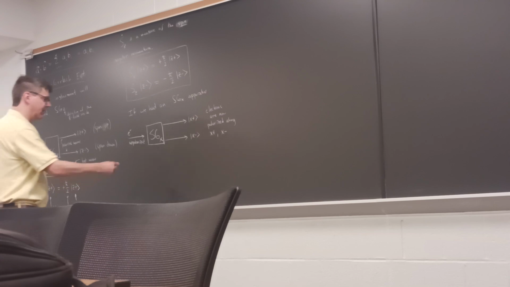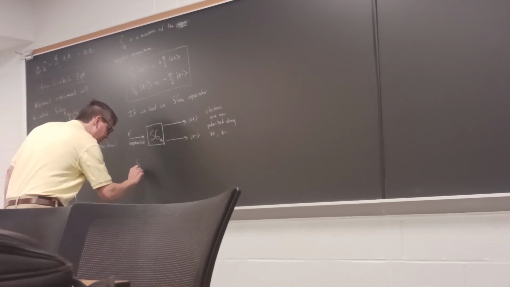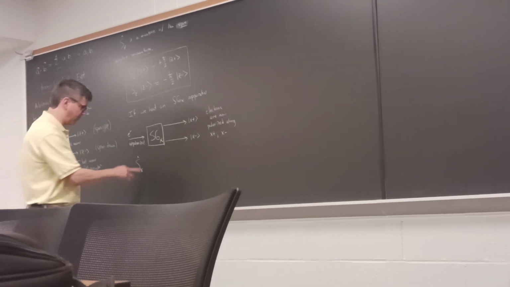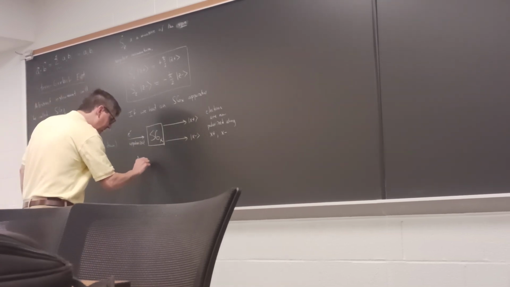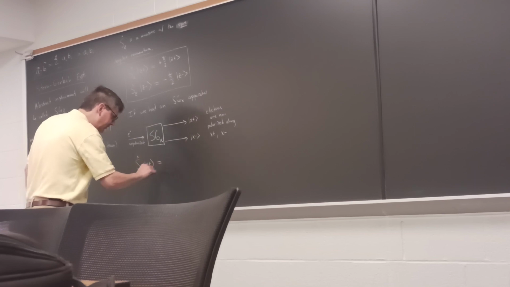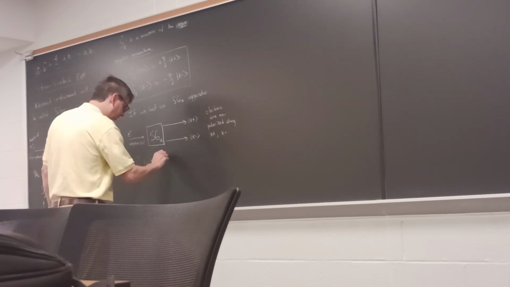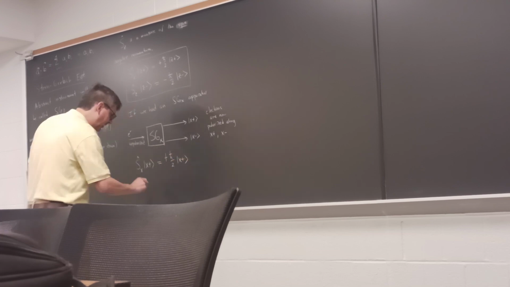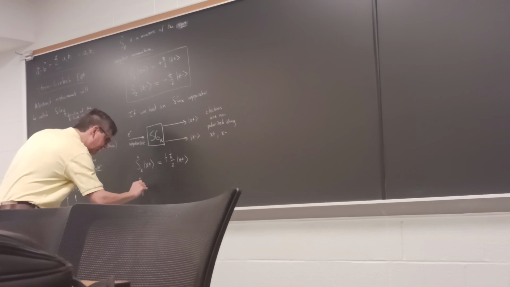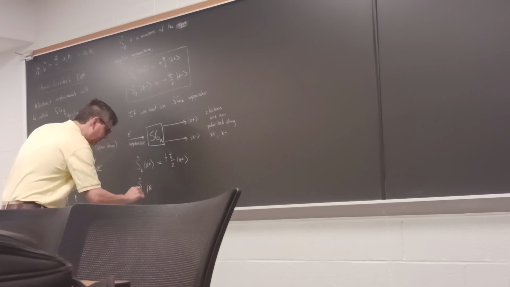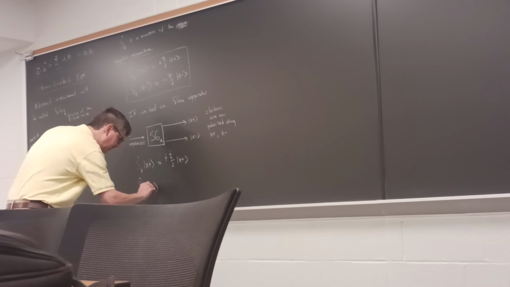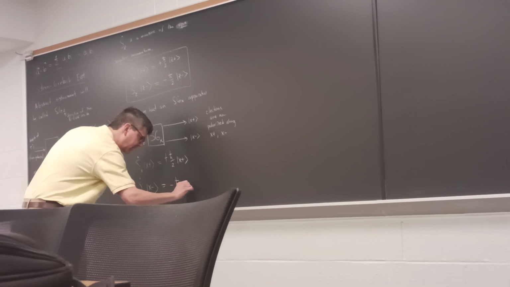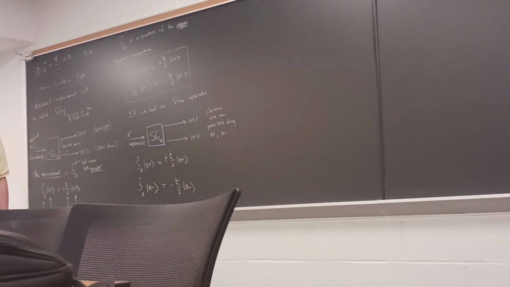Okay, and again, if we measure, we'll have a corresponding measurement for our apparatus here, S of X, and if that operates on an X plus electron, it gives us back plus h bar over 2 X plus, and S of X operating on an X minus polarized electron will give you minus h bar over 2 times X minus.